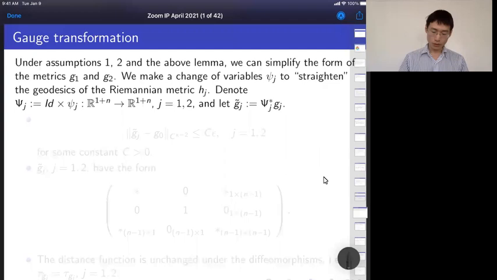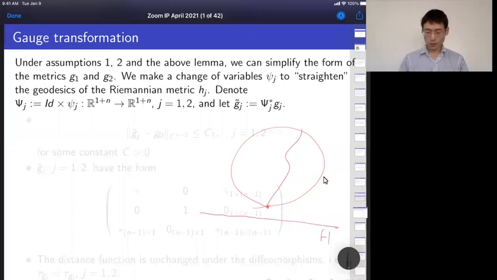Roughly speaking, you have this domain, and I think this is again a projection onto a lower-dimensional Euclidean space. Originally you assume, for example, that this is the hyperplane by our assumption.